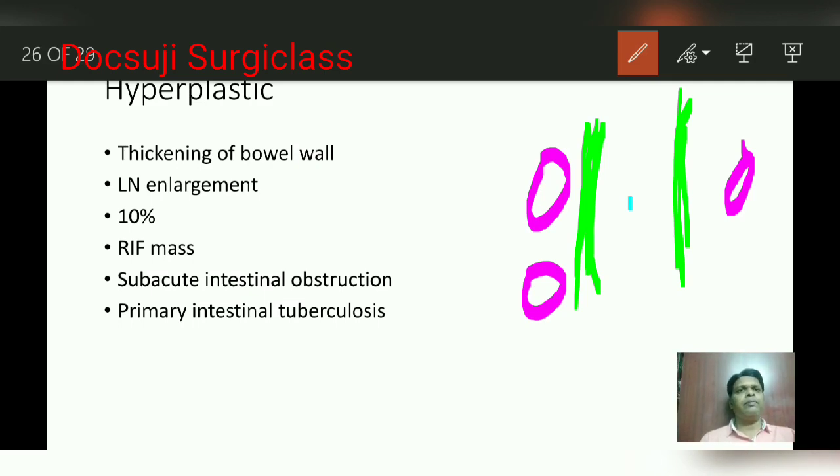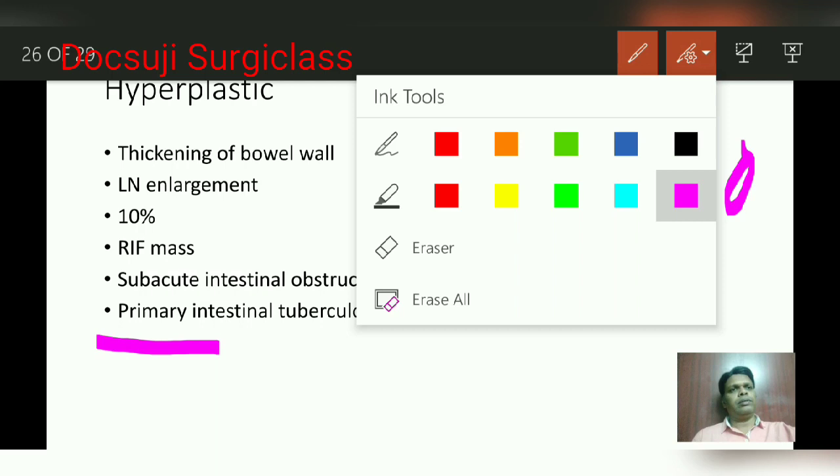The clinical presentation is commonly a right iliac fossa mass, associated with subacute intestinal obstruction. And the main important point is that it is primary: the tuberculosis starts from the intestine itself.